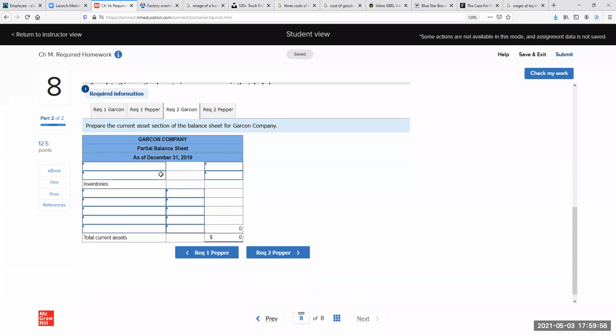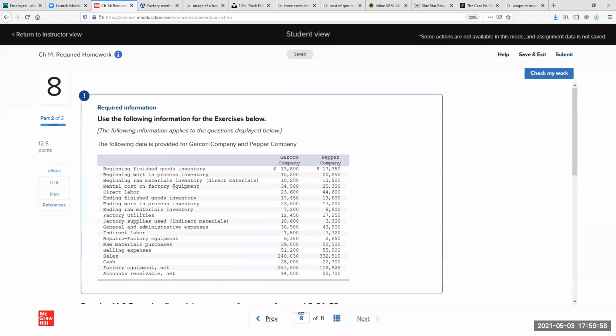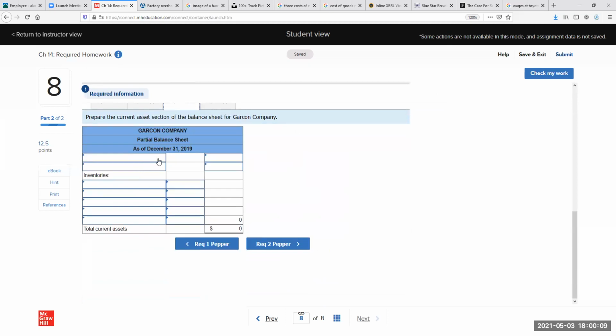Oh, a balance sheet. Well, what's on the balance sheet? They gave us cash. Down here at the bottom, we have some balance sheet items. Start off with cash. Then you're going to have accounts receivable.